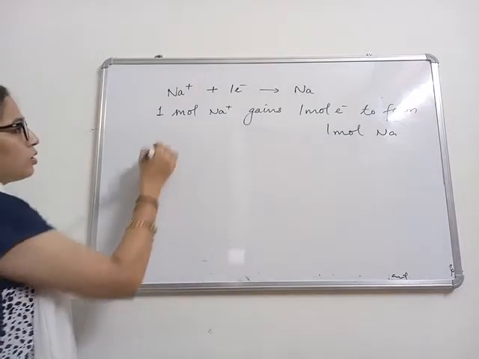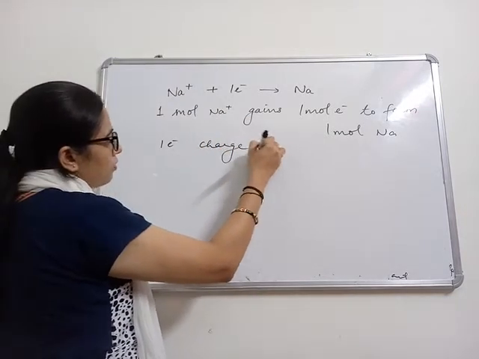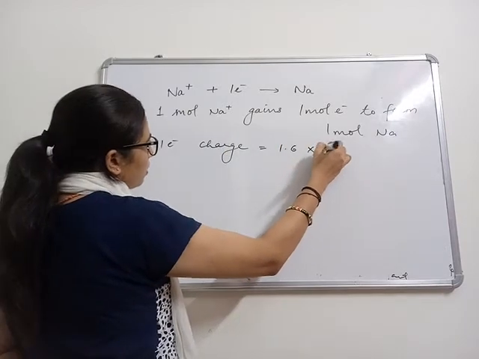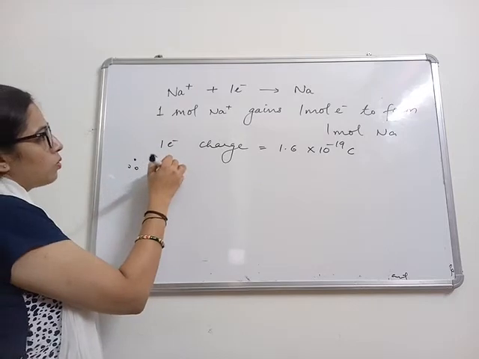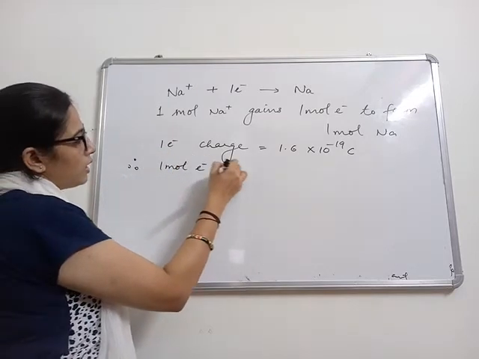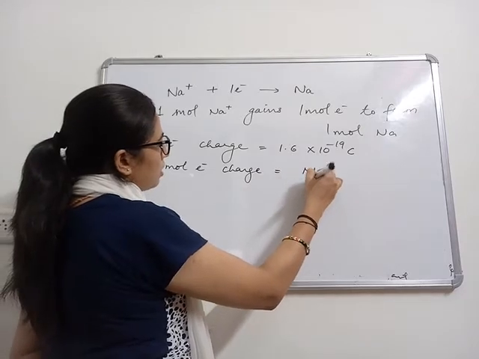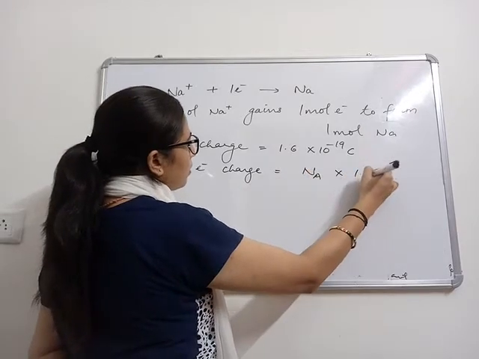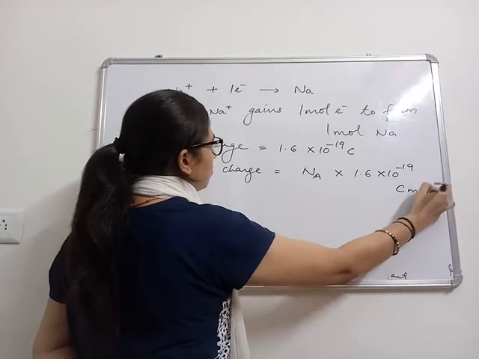Okay, so what is the charge of one electron? What is the charge of 1 electron? 1.6 into 10 to the power minus 19 coulomb. Therefore, what would be the charge of 1 mole electron?